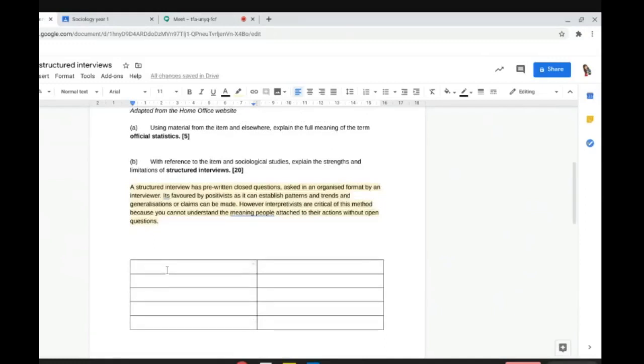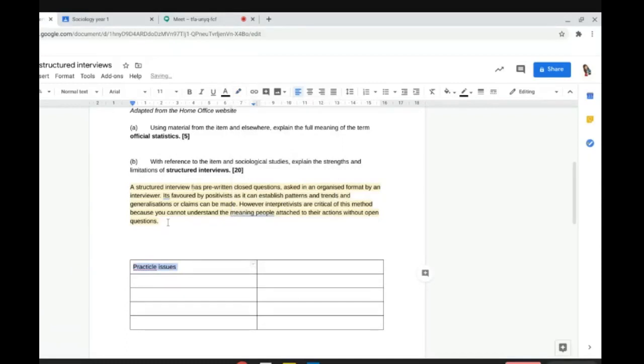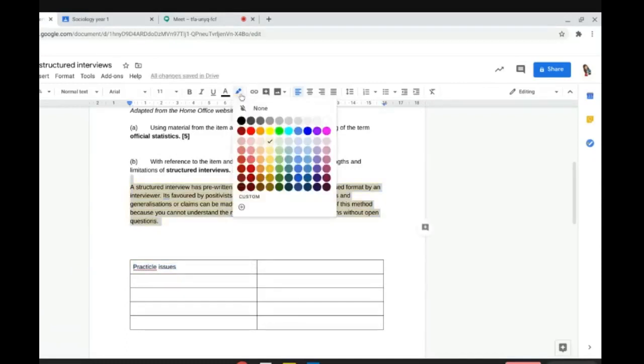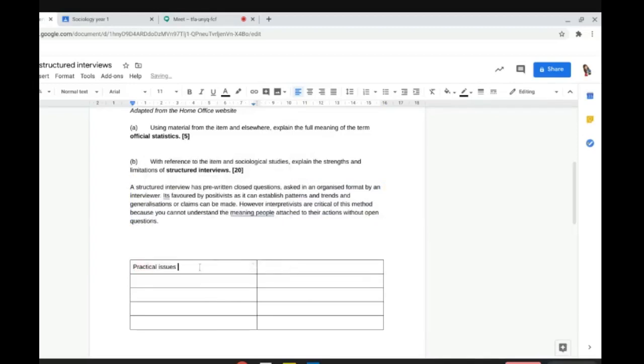So paragraph 1 is all about practical issues. The practical issues here always relate to time, money, and gaining access to respondents.